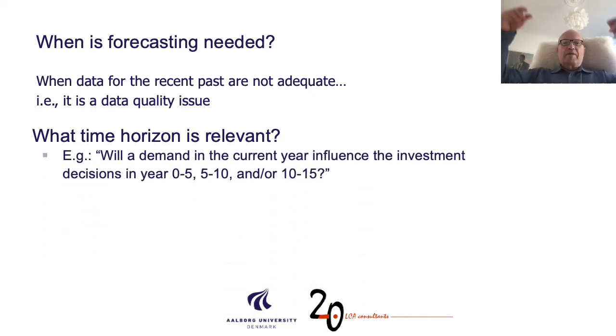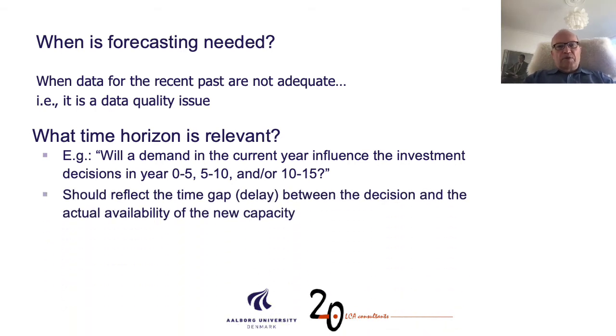If we're talking about a demand in the current year that influences the investment decisions in the next 5 years, 10 years, or 10 to 15 years, of course, the whole shift in time depends a lot on the time it takes from when you start taking a decision on building something until that building is actually constructed.